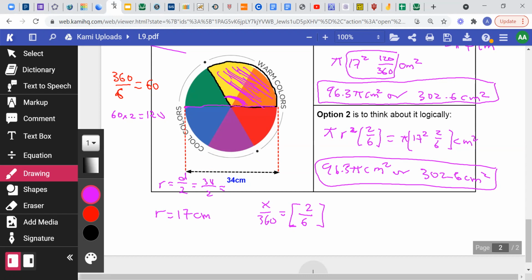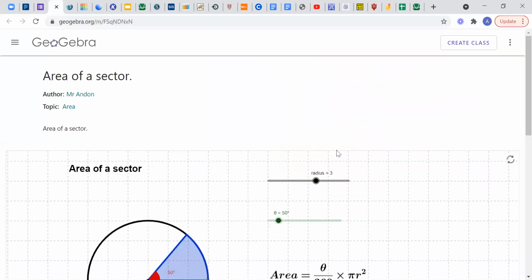But when it comes to the area of a sector, just use the area times the angle of the sector you want to find, divided by 360, which means pi r squared times x over 360, where r represents the radius and x represents the angle of the sector you want to find the area of. After that, you're going to see the GeoGebra animation here.